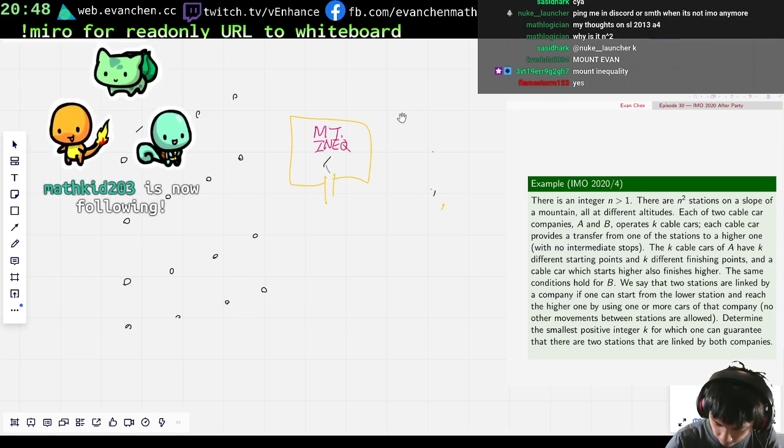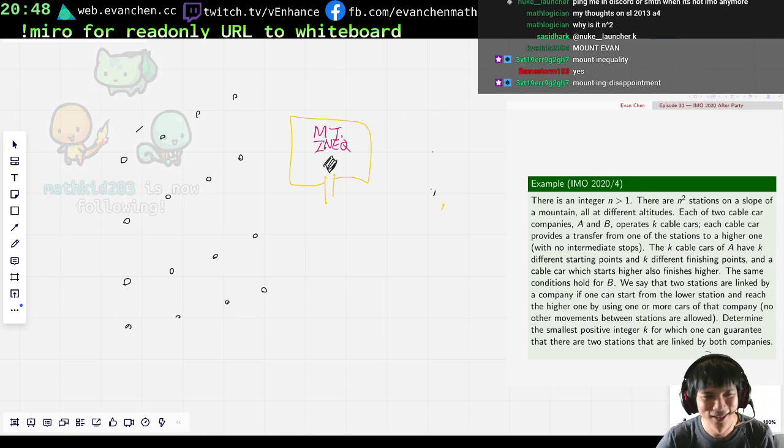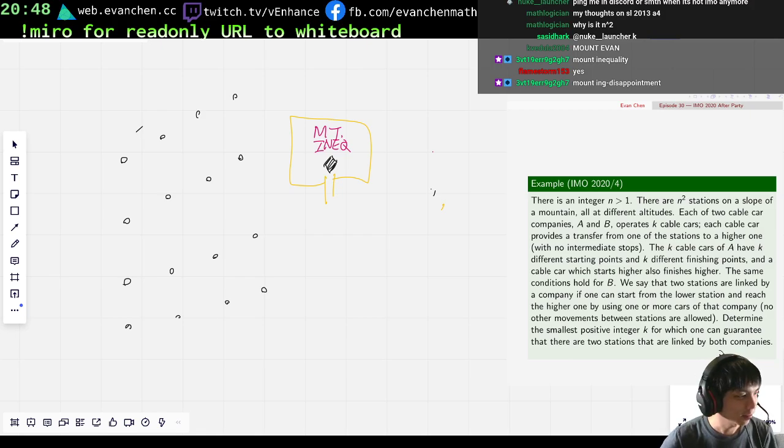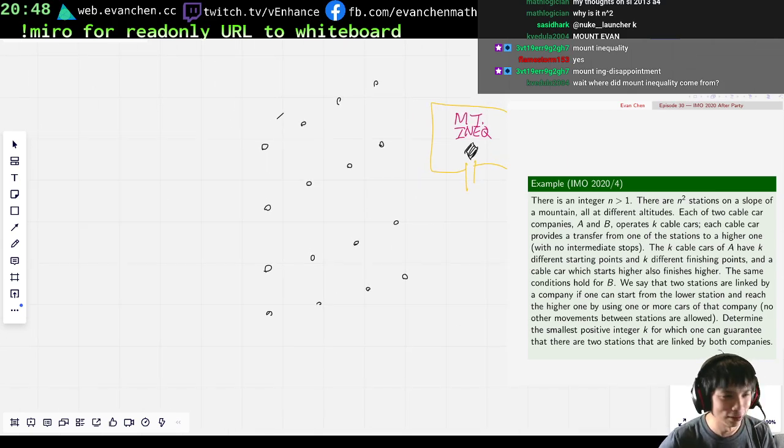It can be like a black diamond ski trail. I don't know. I just was like, it's on a mountain, right? I was like, we should name the mountain.